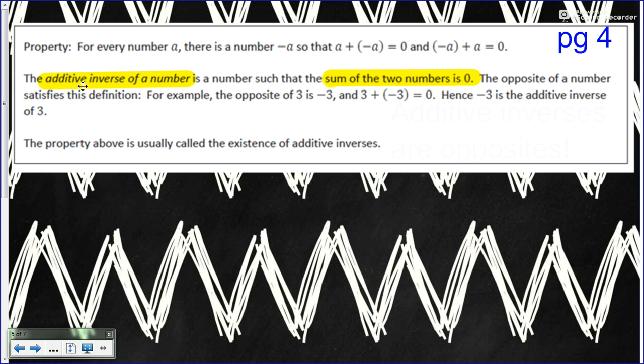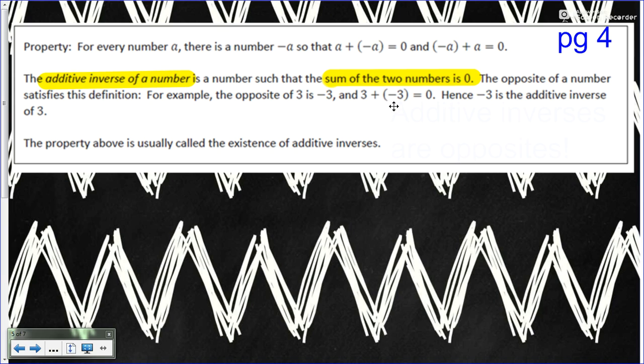So we call them the additive inverses of a number is a number such that the sum of the two numbers is 0. Remember, the sum is adding. So the opposite of a number satisfies this definition. Again, a lot of math speak. But if we break it down and use numbers instead of letters, we can use the number 3, and its opposite is negative 3.